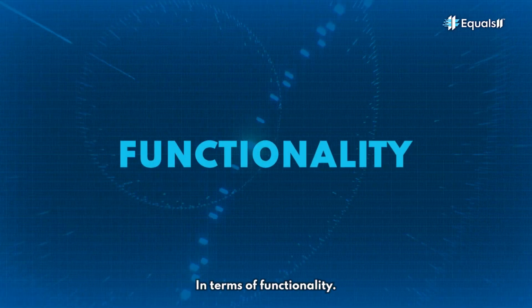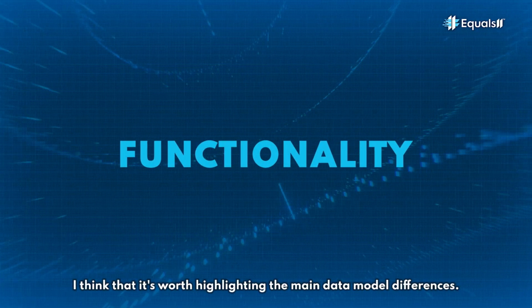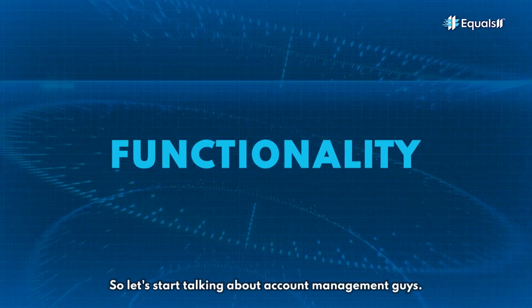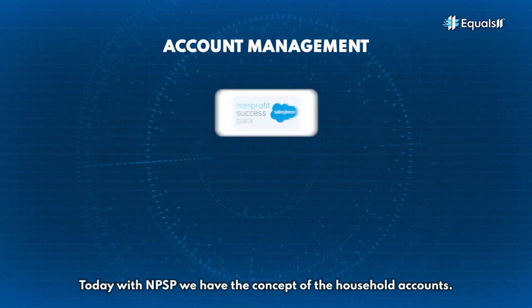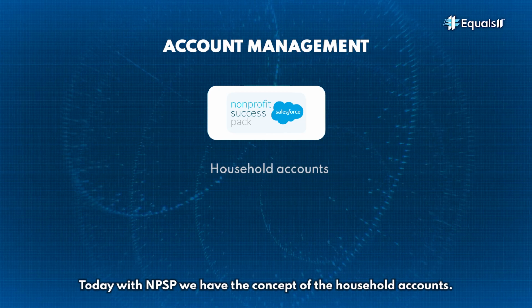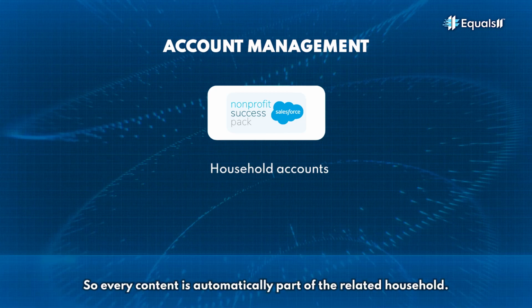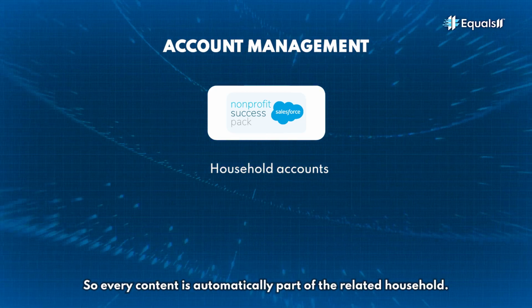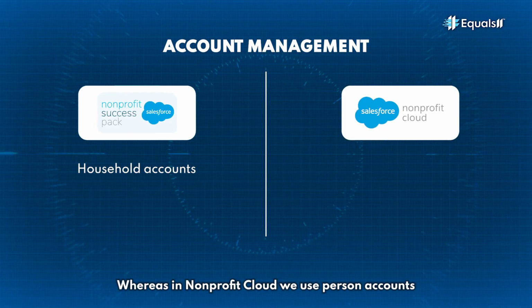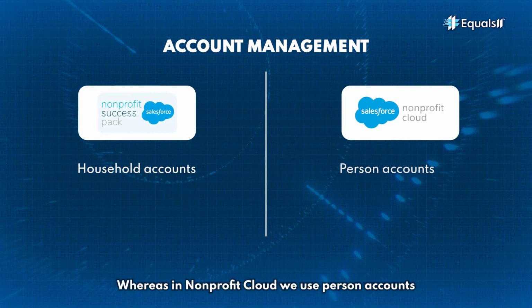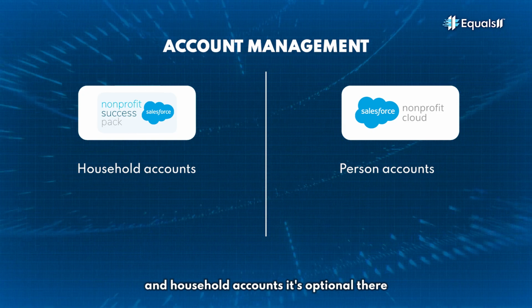In terms of functionality, I think it's worth highlighting the main data model differences. So let's start talking about account management, guys. Today with NPSP, we have the concept of household accounts, so every contact is automatically part of a related household. Whereas in Nonprofit Cloud, we use person accounts, and household accounts are optional there.